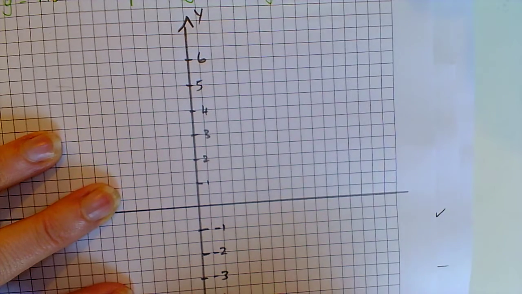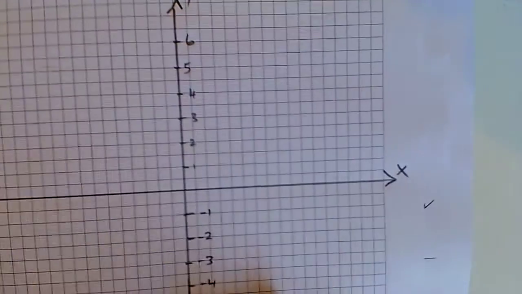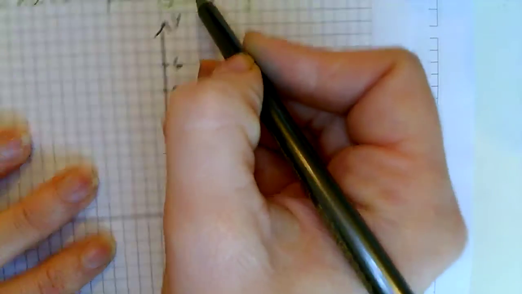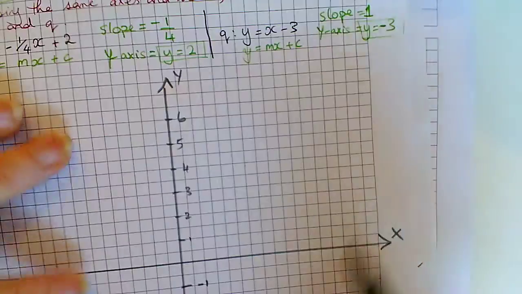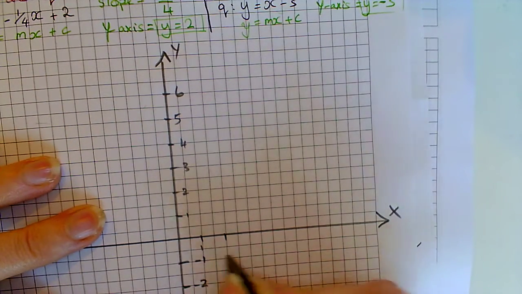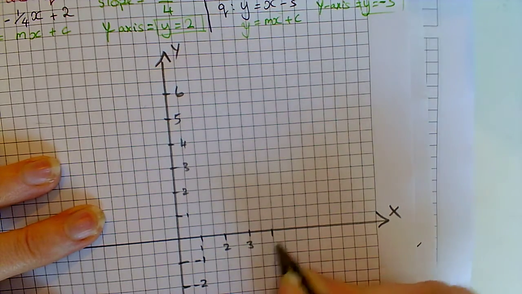-5, -6. I get asked all the time, how do you know how far to go? And the thing is, you don't always, but you have the y values for the y-intercepts, and you know you need to go at least as far as those, and it's always a good idea to go a little bit further. Usually going as far as 5 or 6 is enough.